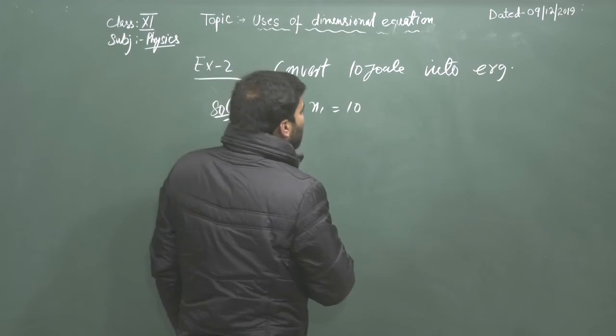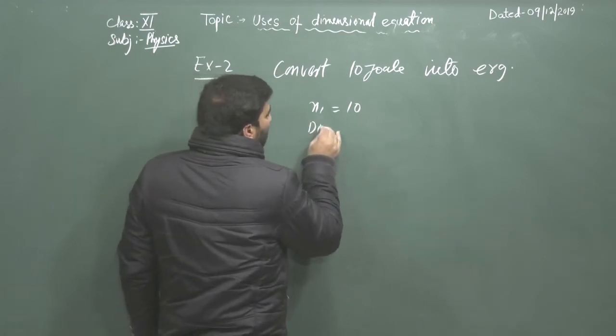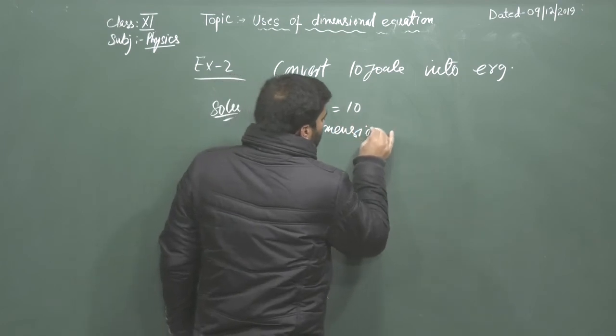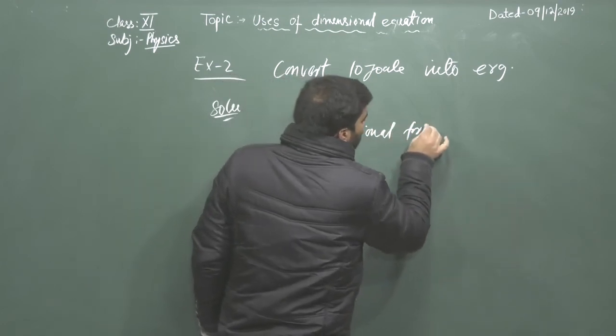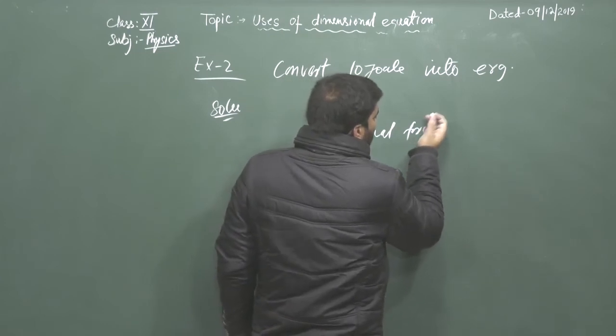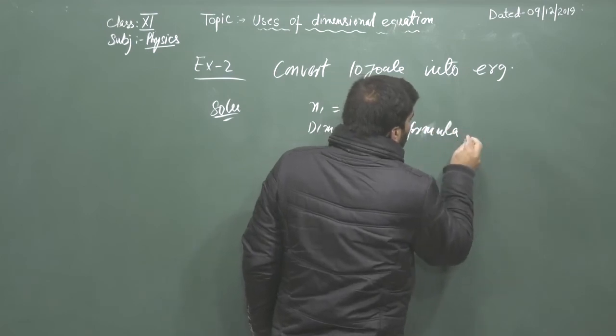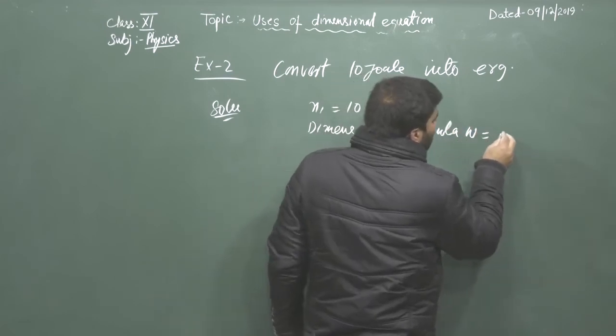So joule is the SI unit of work, so we can write the dimensional formula for work, which is equal to force into displacement.